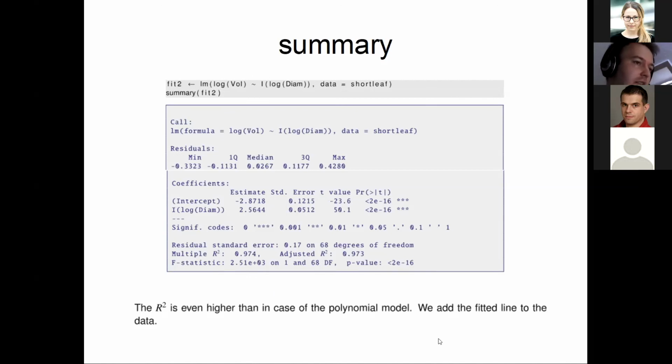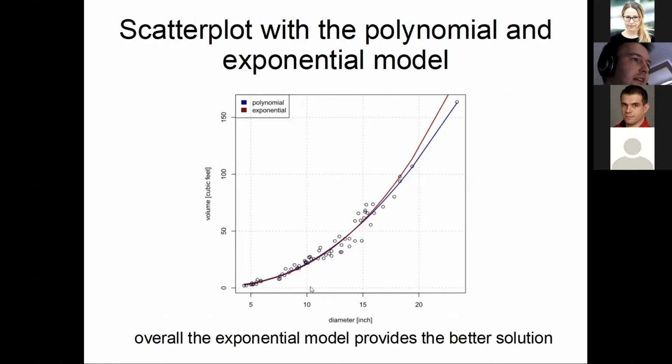So we add the fitted line to the data, and there you can see the scatter plot. We can see in blue is the polynomial model, and in red is the exponential model. And as we've seen from the R squared, overall the exponential model provides the better solution.